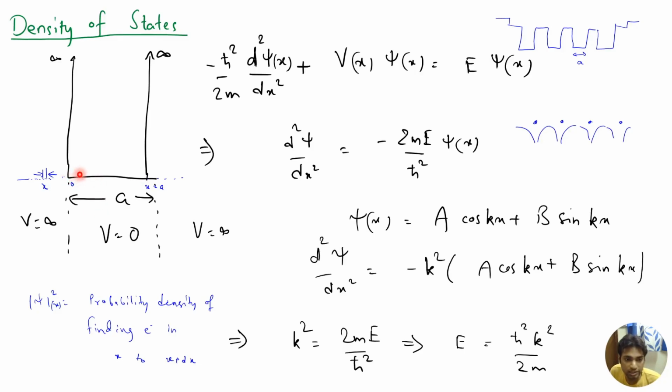Since it is a continuous function, on this side of the boundary we know that it is 0, so on this side of the boundary it has to come to 0. So psi of x equal to 0 is 0, and psi of x equal to a is 0.